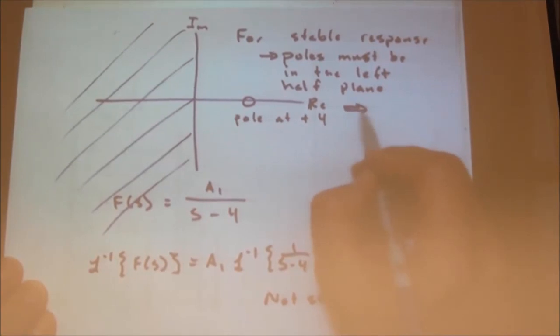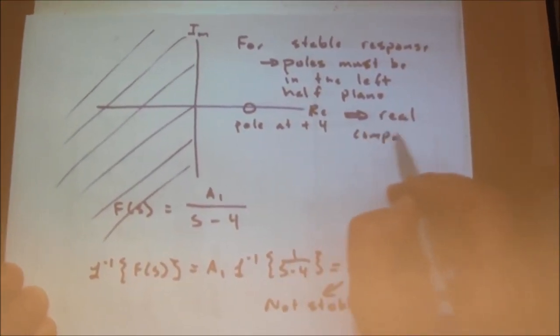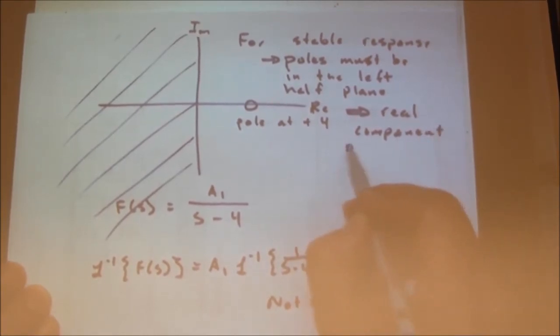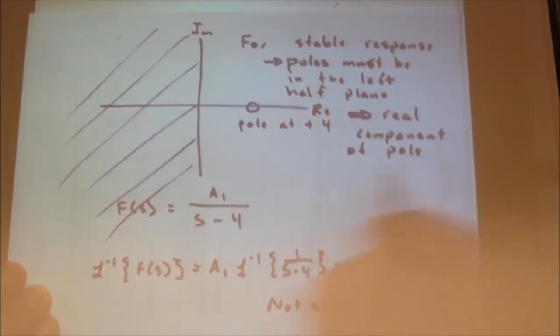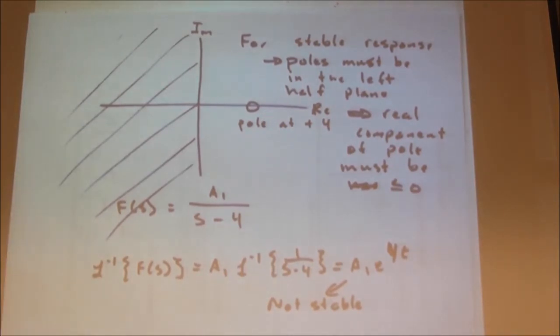More specifically, the real component of a pole has to be negative. Well, I should say less than or equal to 0. 0 is kind of the special case, and we'll see that in a minute.